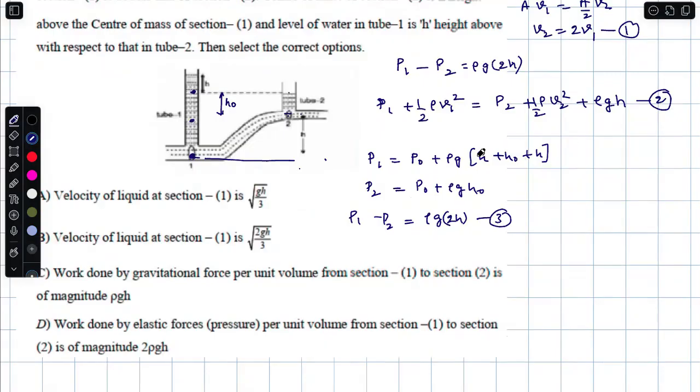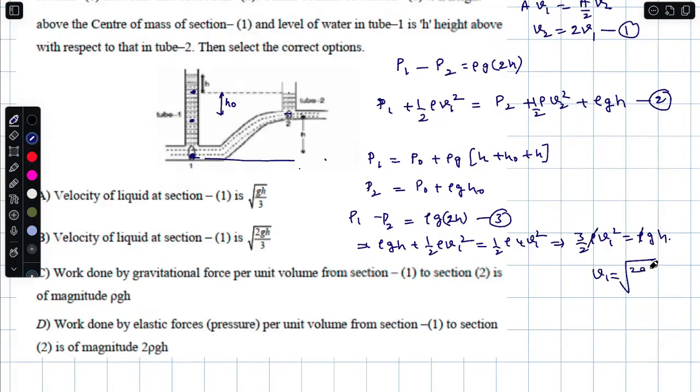You will get finally rho gH plus half rho V1 square is equal to half rho 4V1 square, which implies 3 by 2 times rho V1 square is equal to rho gH. Rho cancels. V1 is root 2gH by 3.